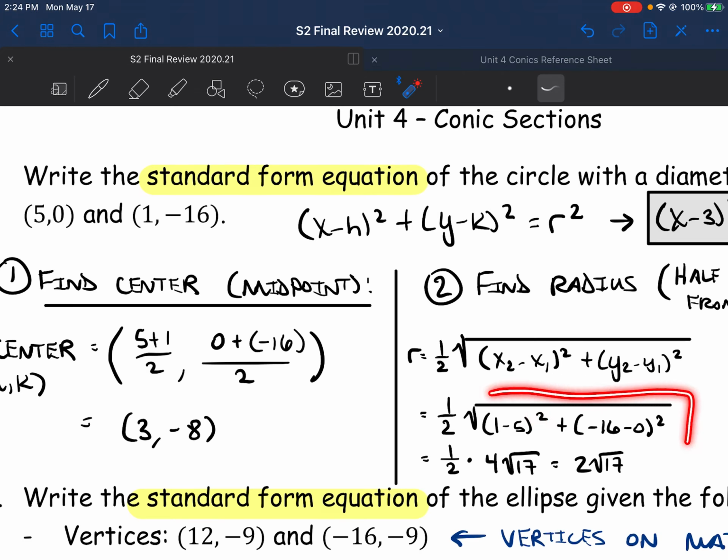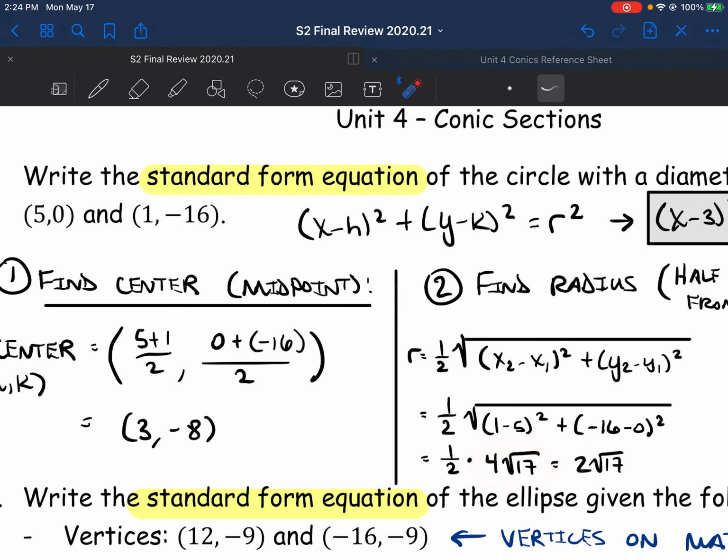Well, if you take the square root of (1 - 5)^2 + (-16 - 0)^2, you're going to get 4 square root of 17 after it's been simplified. Then we cut that in half. So half of 4 square root of 17 is 2 square root of 17. And this is our radius, r. So now we plug everything in. We've already plugged in the coordinates of the center, (3, -8).